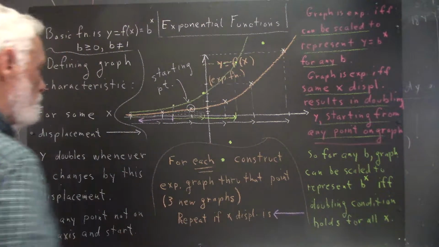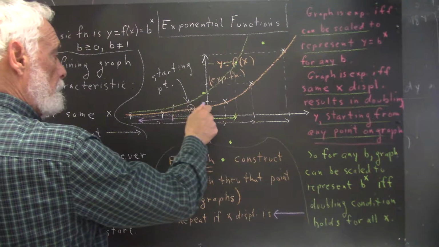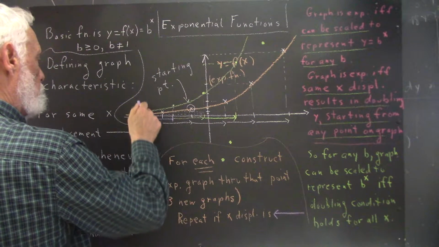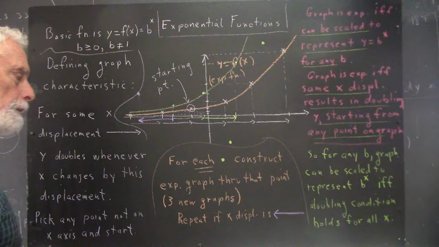Okay, well, the displacement is in this direction, but that x has to double. So the x value here is going to go from this up to about double, so that's going to give us a point maybe here.